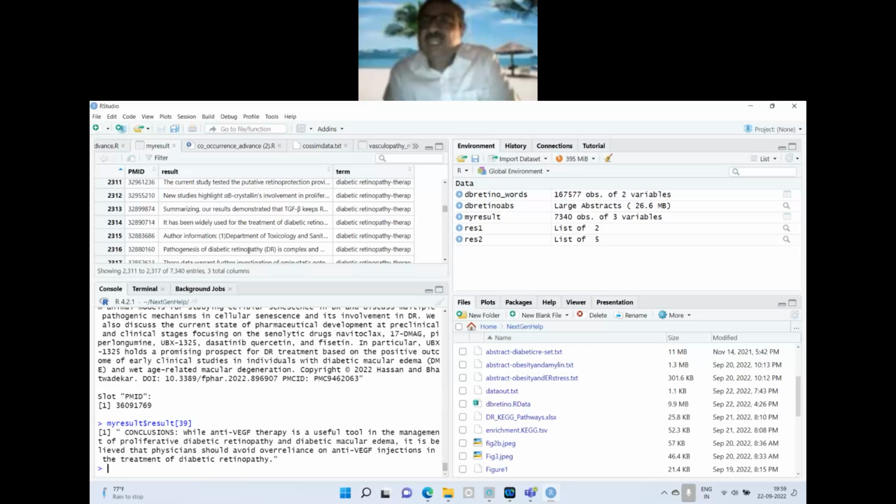But you can see that what we got from gene just now, and what we got from these other terms which we use, the data is very different.